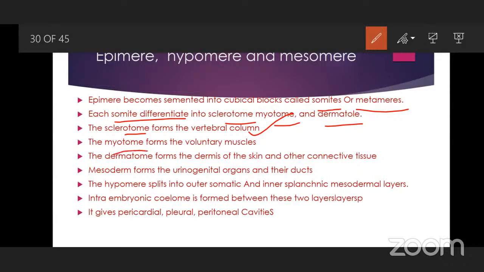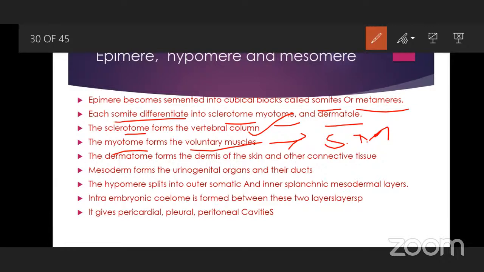Then myotome forms the voluntary muscles. Voluntary muscles are nothing but the skeletal muscles of the body, which are attached to the bones and help in providing movement to the body. And voluntary muscles are under our control. That's why we call them voluntary muscles.